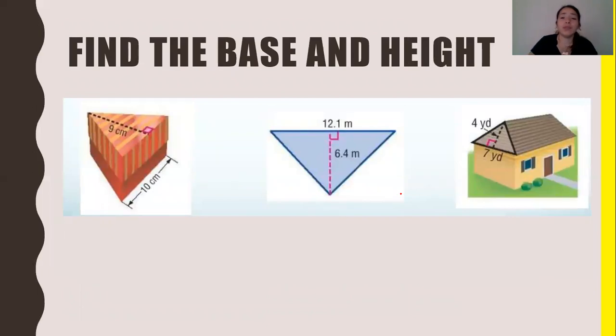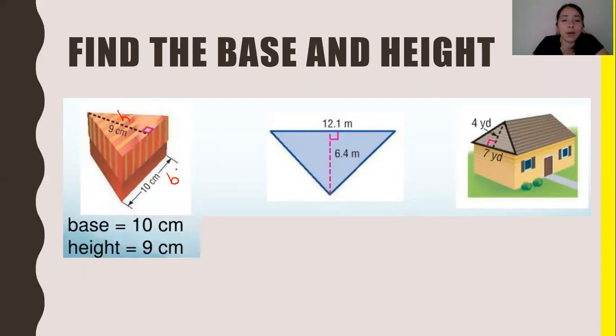For these images, we're going to find the base and the height. Right away, I see that the height in this one is inside. So this is our height, and this is our base. Our base is 10 centimeters and our height is 9 centimeters.